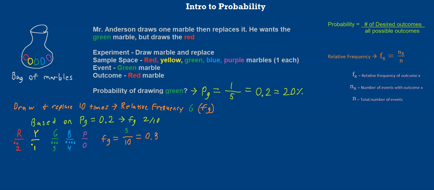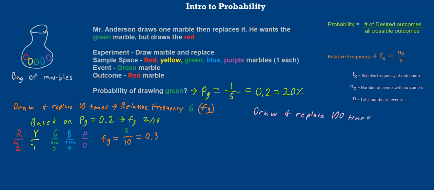And so what does that mean? Well, in this hypothetical situation, 30% of the time we got green. That's significantly different than the expected 20% that we should have got. I wonder what would happen if we changed the situation to perform the experiment 100 times. So draw and replace 100 times.